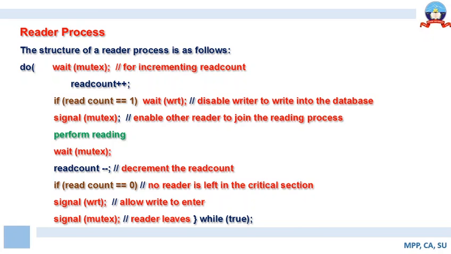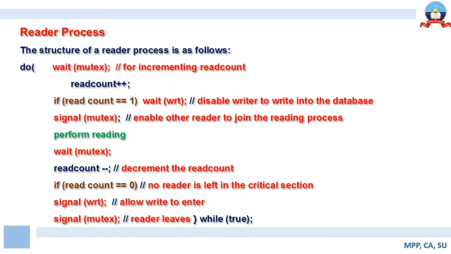So if read count is equal to 1, then you need to validate WRT. So disable the writer from writing into the database. What we need to do is, if there is a reader reading a file, no writer should be allowed to manipulate that particular file, right?